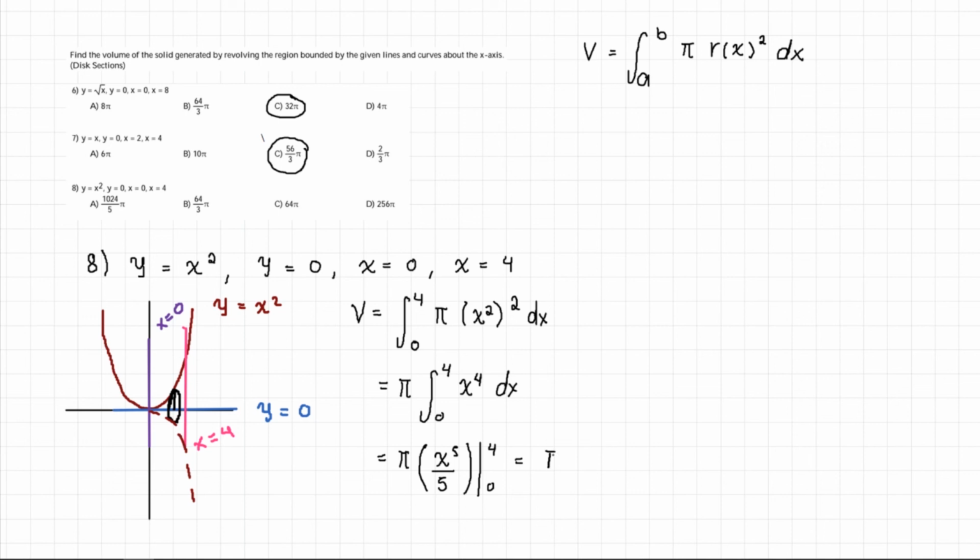So it's going to be pi times 4 to the 5th over 5, which at the end is going to be, let me do it real quick, 1024 over 5 pi, which is our final answer. Therefore, the correct option is going to be option A.